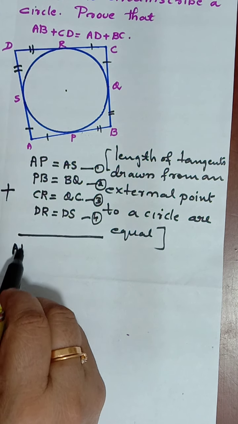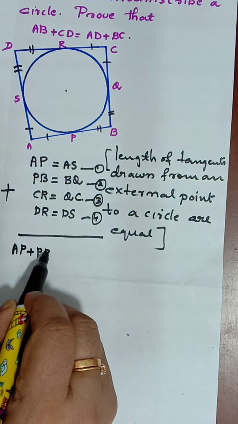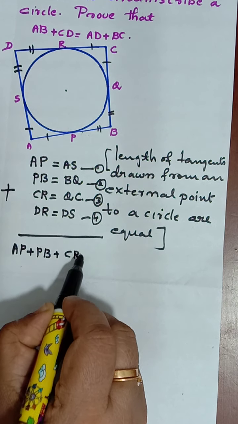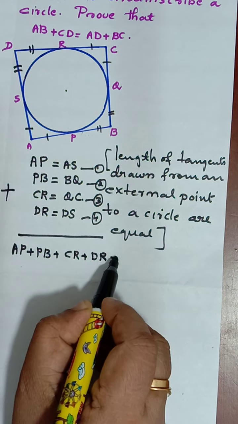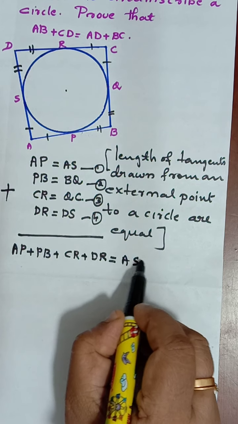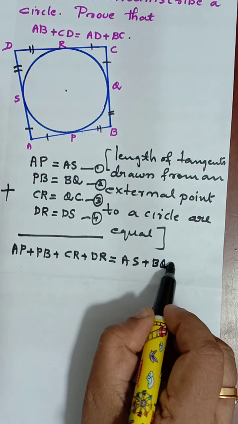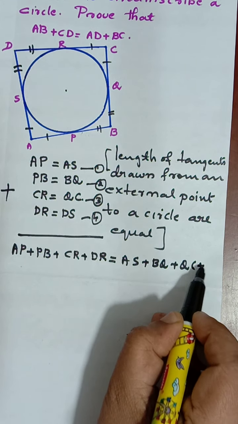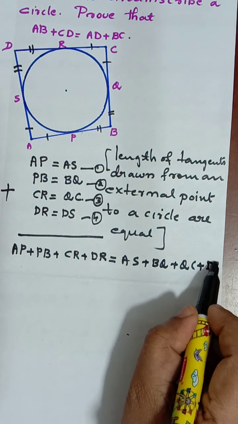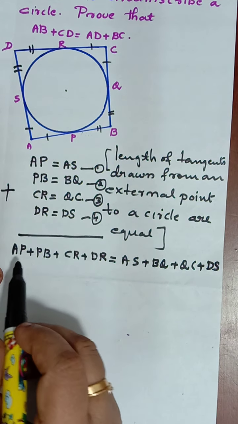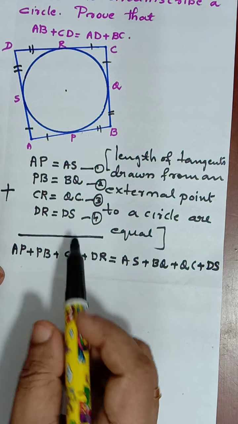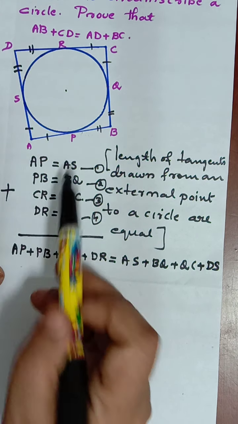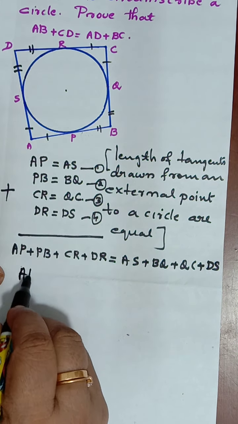Adding, AP plus PB plus CR plus DR is equal to AS plus BQ plus QC plus DS. So already we have arranged AP plus PB. You can see in the figure, what is AP plus PB? It is AB.